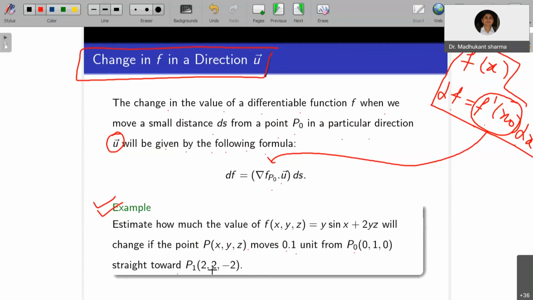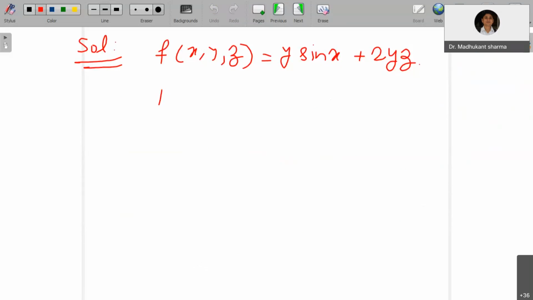It is P naught to P1. We are moving from P naught to P1 straight. P naught is (0, 1, 0) and P1 is (2, 2, minus 2). So what is u?